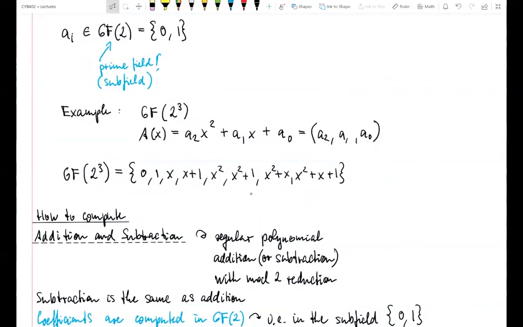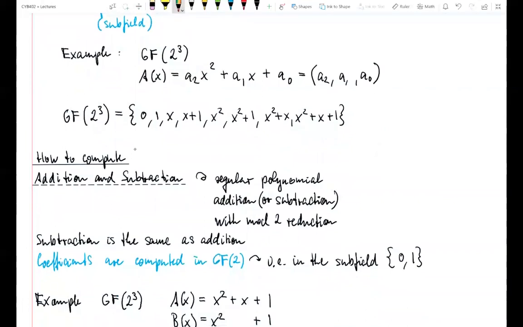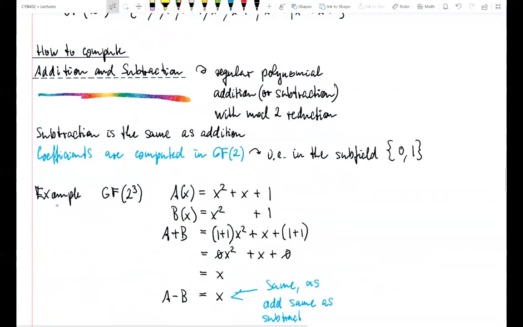So, but how do we compute in extension fields? In extension fields, obviously, we have operations on polynomials. Addition and subtraction, that's easy to do. We just do regular polynomial addition and subtraction. So we just add up the elements that have the same order of magnitude.